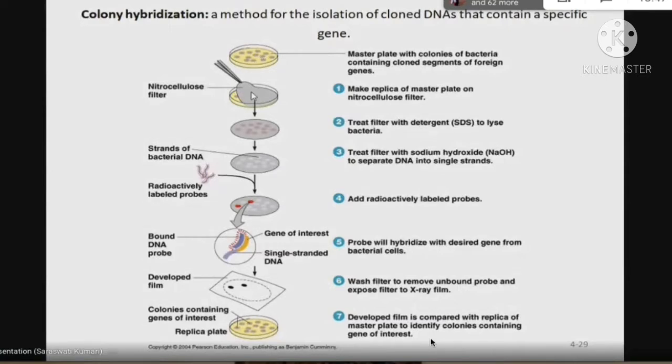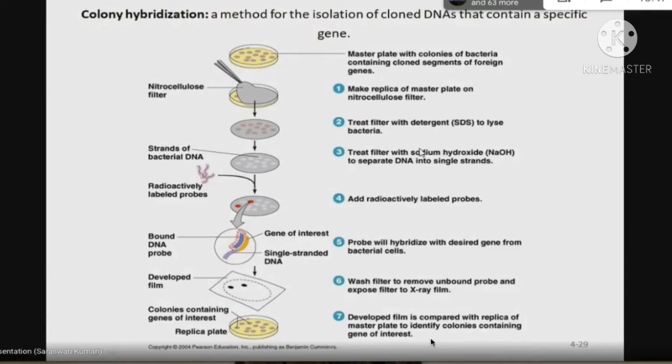We transfer part of these colonies onto this nitrocellulose membrane. Then we treat this membrane with detergent, SDS or other detergent, so that the cell will lyse, the cell will break. So only DNA will remain.